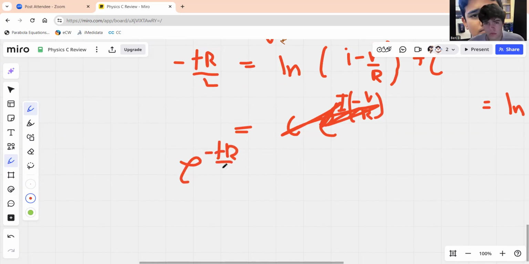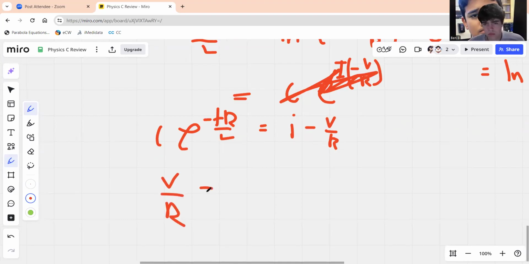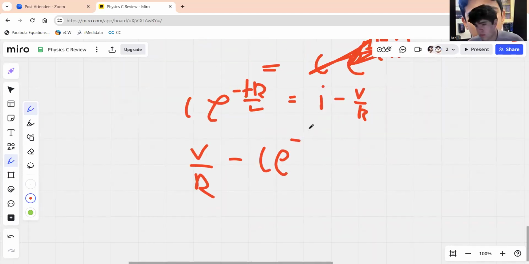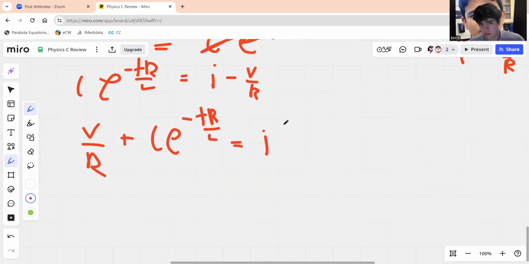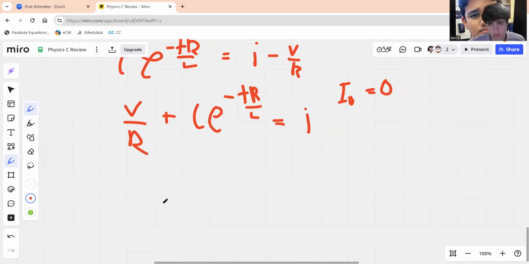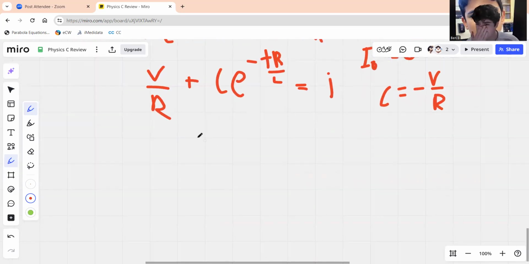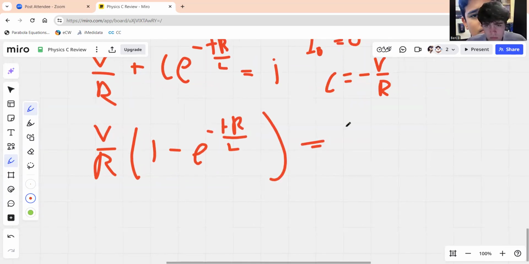Negative t R over L times C equals I minus V over R. So V over R plus, and because I naught equals 0, what we get is C equals negative V over R. So it becomes V over R times 1 minus e to the negative t R over L equals I final.